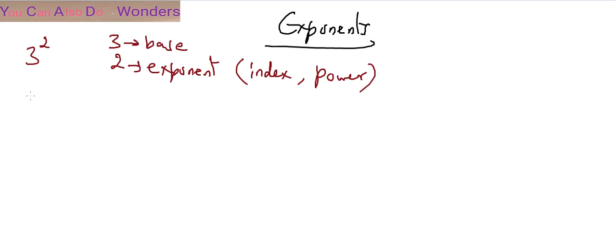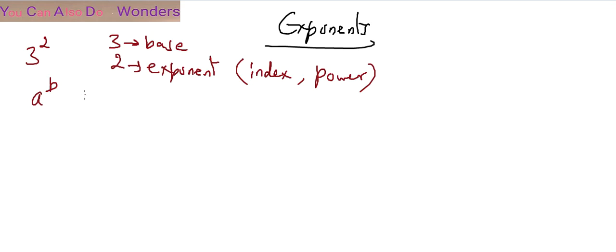In general, suppose the number is of the form a power b. A is the base and b is the exponent, index or power. So a power b means what? a into a into a, b times.